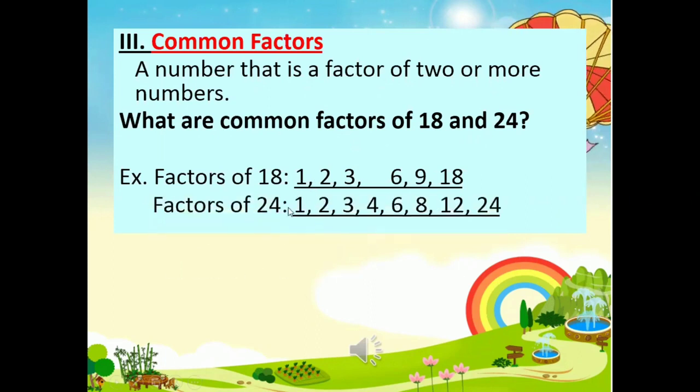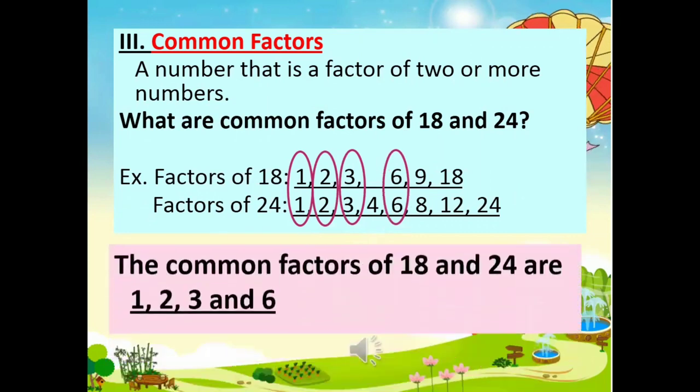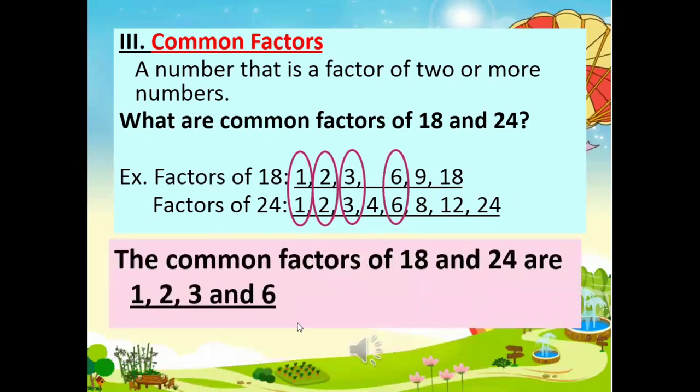Then 24. Okay, so what factors do they have in common? We have 1, 2, 3, 6. So the common factors of 18 and 24 are 1, 2, 3, and 6.